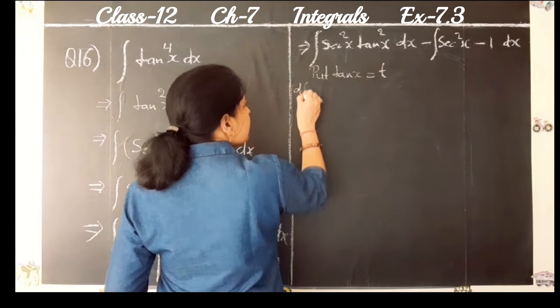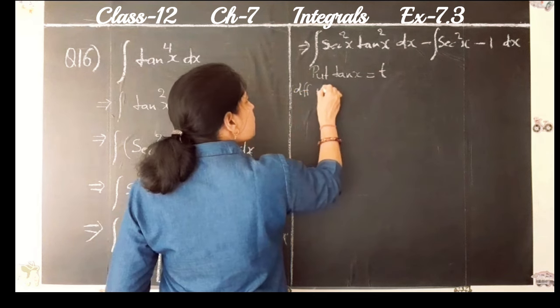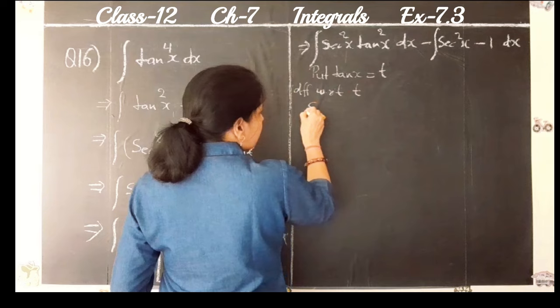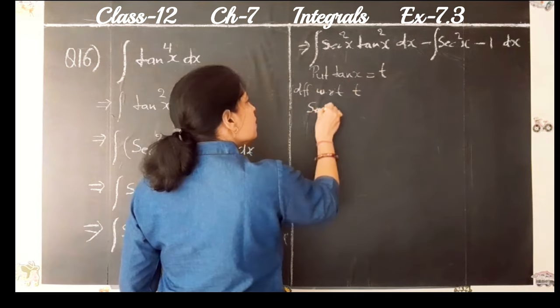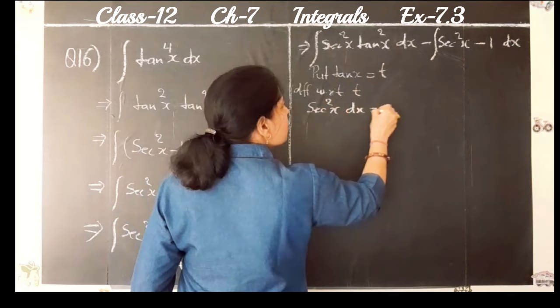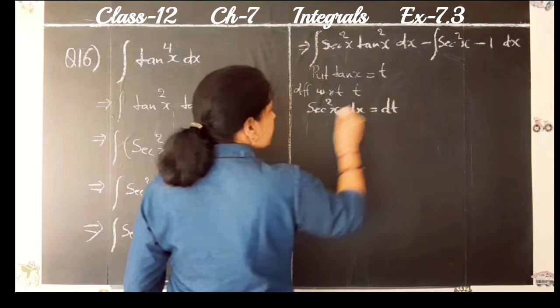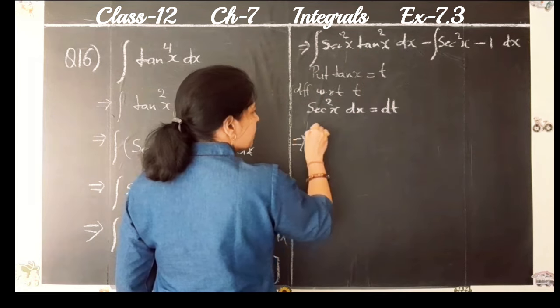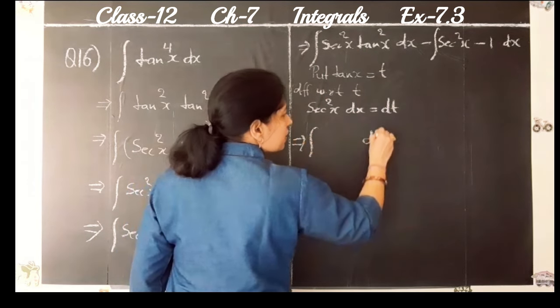Then differentiate with respect to t. We get, when we differentiate tan x, we get sec square x dx is equal to dt. So in place of sec square x dx, we can write dt.